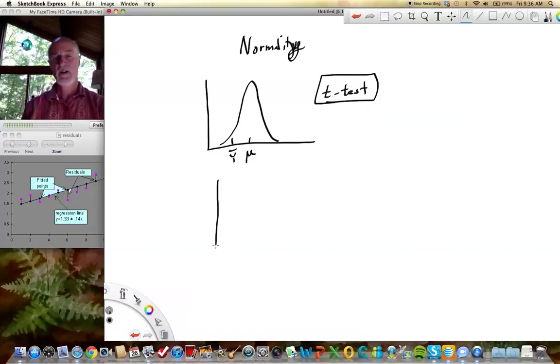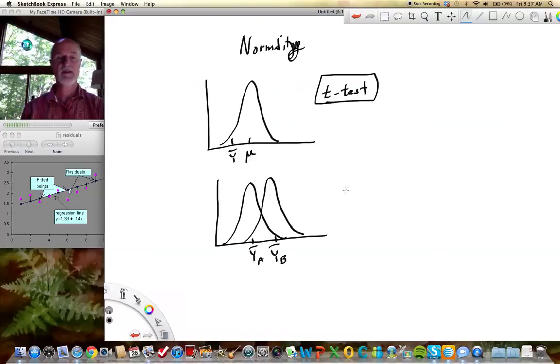Now, if we advance to tests in which there's more than one group, more than one sample, for example, if we had two groups like this, with a y bar for group A and a y bar for group B, there are a couple of assumptions that we're going to have to make. One is that the data are normally distributed again.